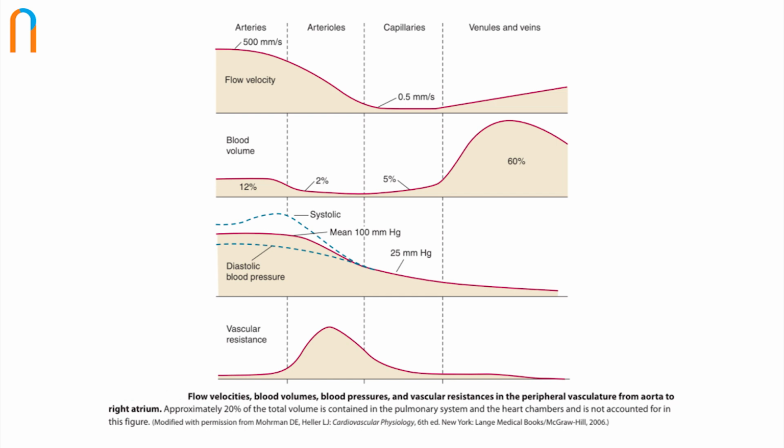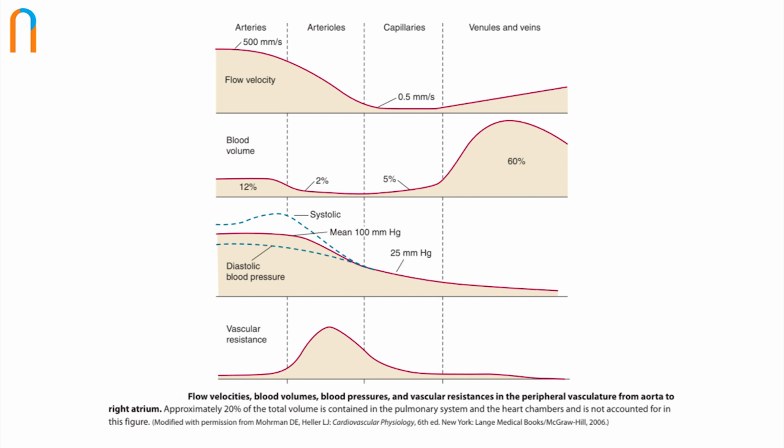The important consequence of the slow flow through the capillaries is that it allows sufficient time for adequate solute and fluid exchange between the vascular and interstitial compartments.